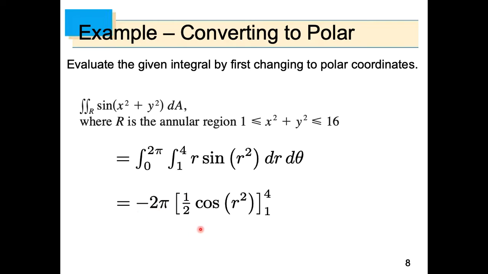This negative came from the antiderivative of cosine, and hopefully that's pretty easy to follow, leaving us with this as our answer. And I've said this before, I'll say it again. As long as you are getting a numerically equivalent answer, I'm okay with it.